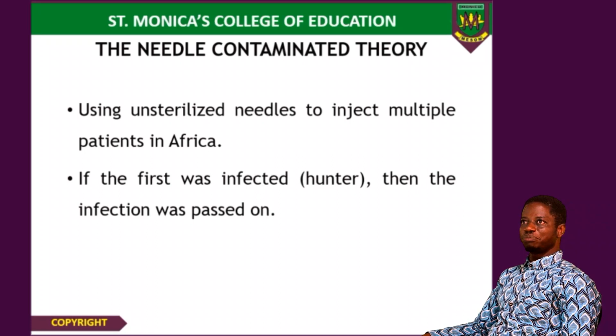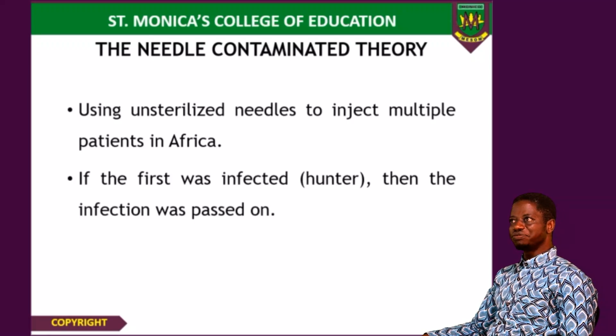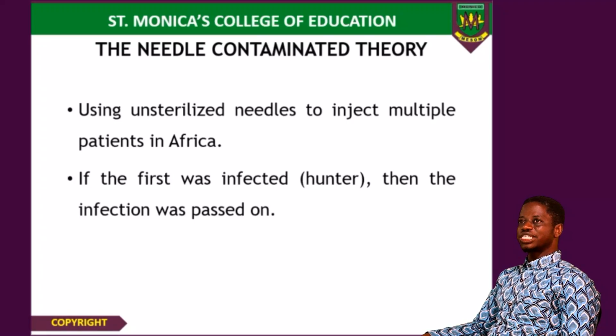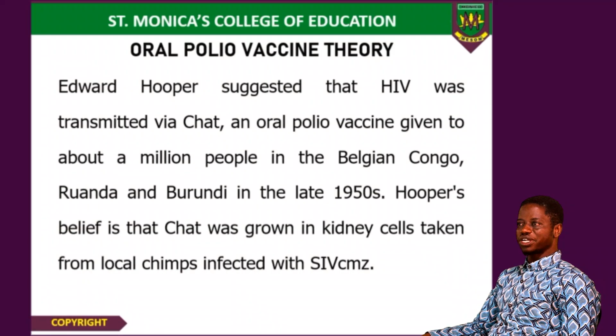Let's look at the oral polio vaccine theory. Edward Hooper suggested that HIV was transmitted via CHAT, an oral polio vaccine given to about 1 million people in Belgian Congo, Rwanda, and Burundi in the late 1950s. Hooper's belief is that CHAT was grown in kidney cells taken from local chimpanzees infected with SIV.